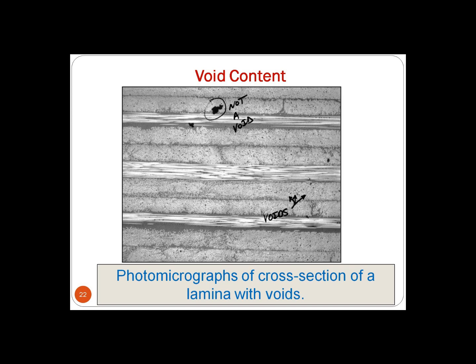I must repeat this sentence because this is the important one. The presence of voids causes the theoretical density of the composite to be higher than the actual density. Also, the void content of a composite is detrimental to its mechanical properties.